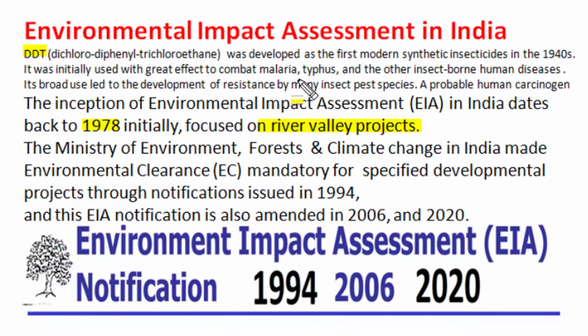But after Environment Protection Act, the Ministry of Environment, Forest and Climate Change in India made environment clearance mandatory for specified development projects in 30 categories through a notification issued in 1994, and this notification is known as Environment Impact Assessment Notification of 1994. Now the same notification was also amended in the year 2006 and finally in 2020.